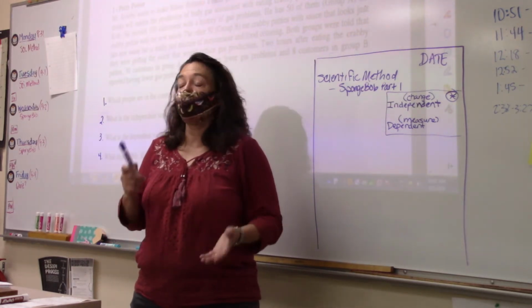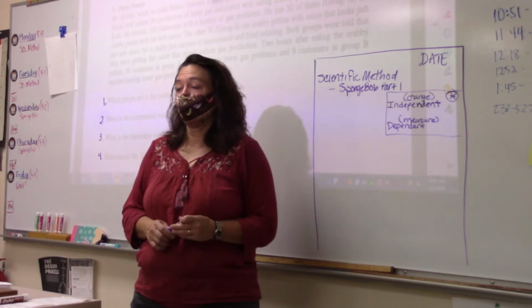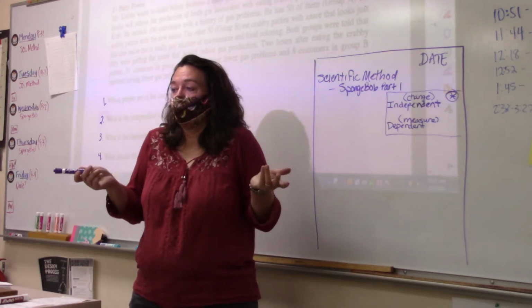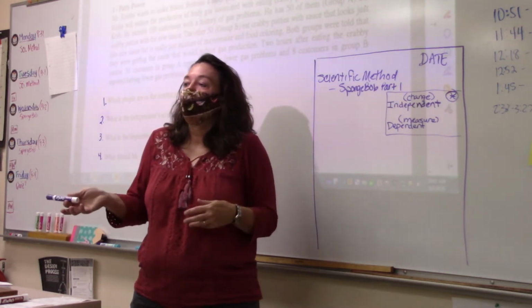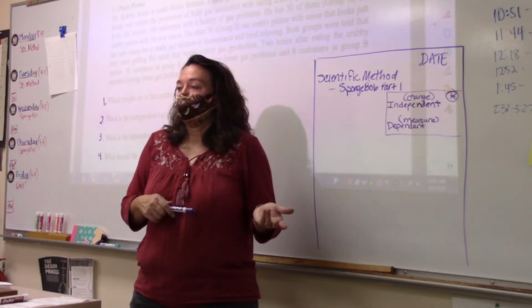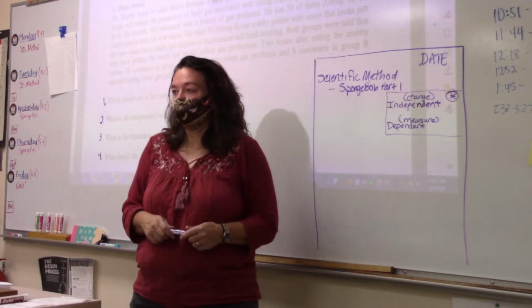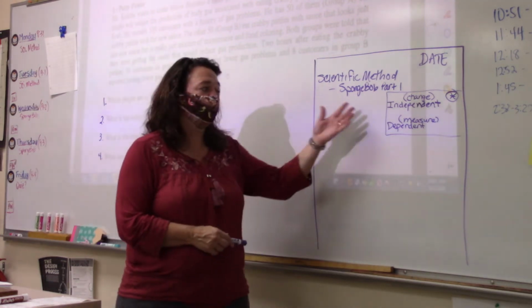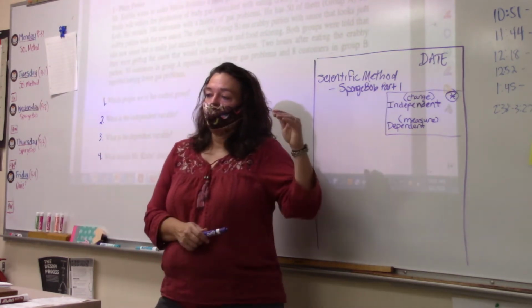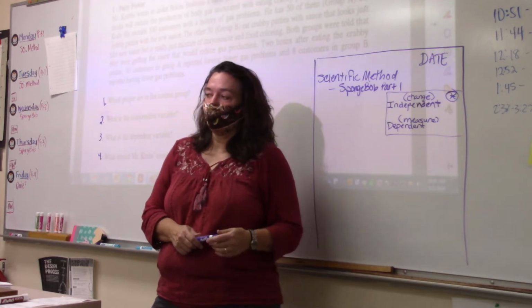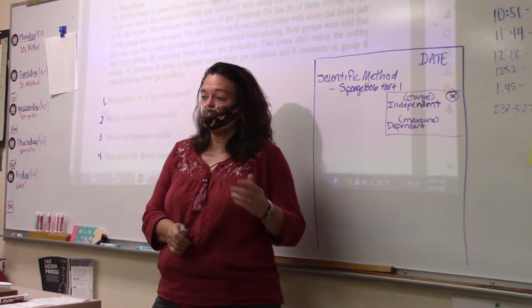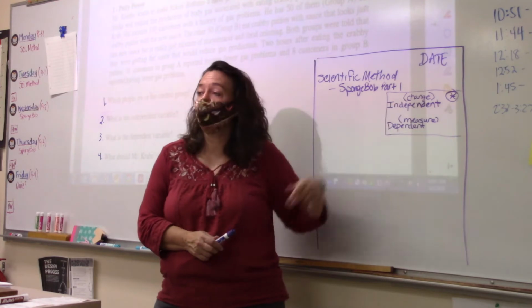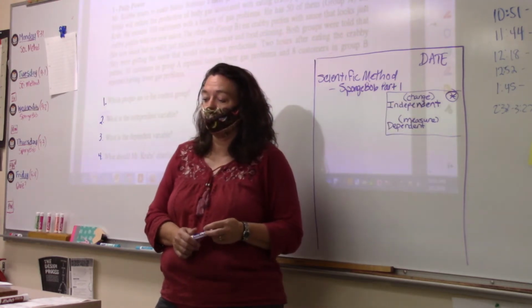Because even adults get them confused who are actually in the practice of the science. Like, there's a lot of adults that don't even know these words. But since we're in the science, we're doing this work, and it's really, until you get a lot of it done, you tend to forget which one is which. So we have these little notes to go back to when we're going over this handout.